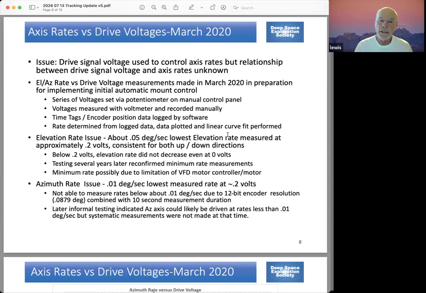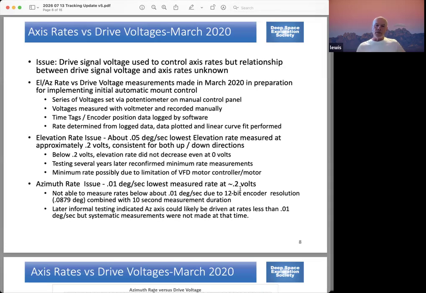So you see on the azimuth rate, when we analyzed the data, the lowest rate we saw was 0.01 at around 0.2 volts. And we basically saw 0 rates below that.